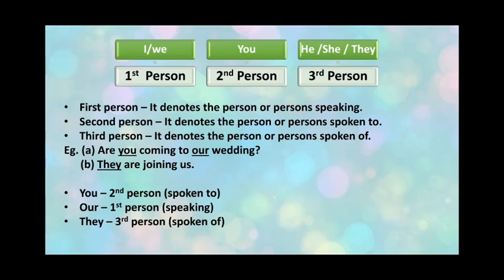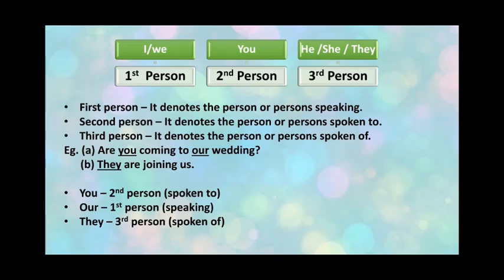For example, are you coming to our wedding? And the second example is, they are joining us. So children, in the first example, you can see we have you. So you is the second person.